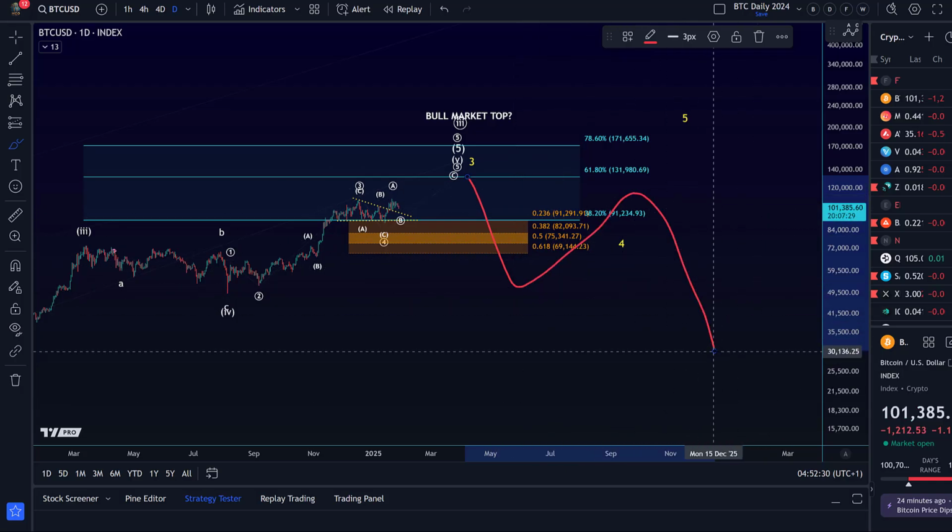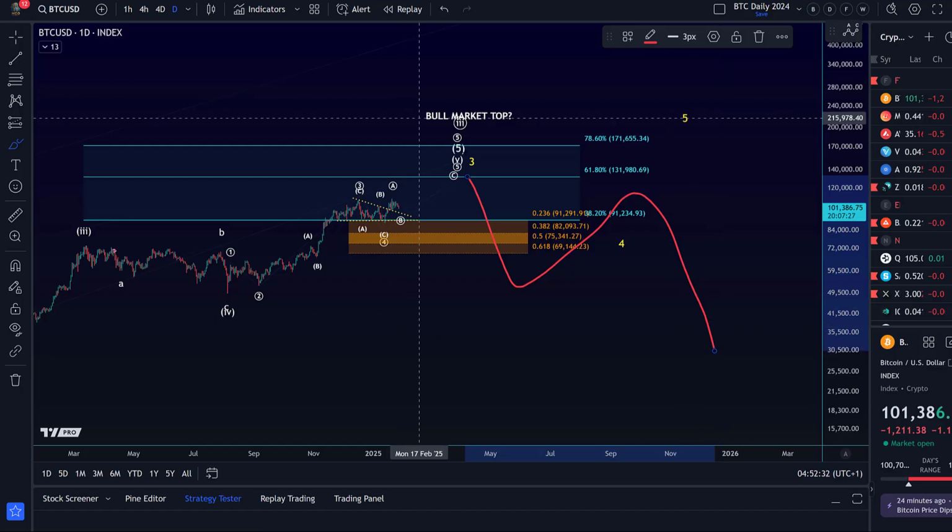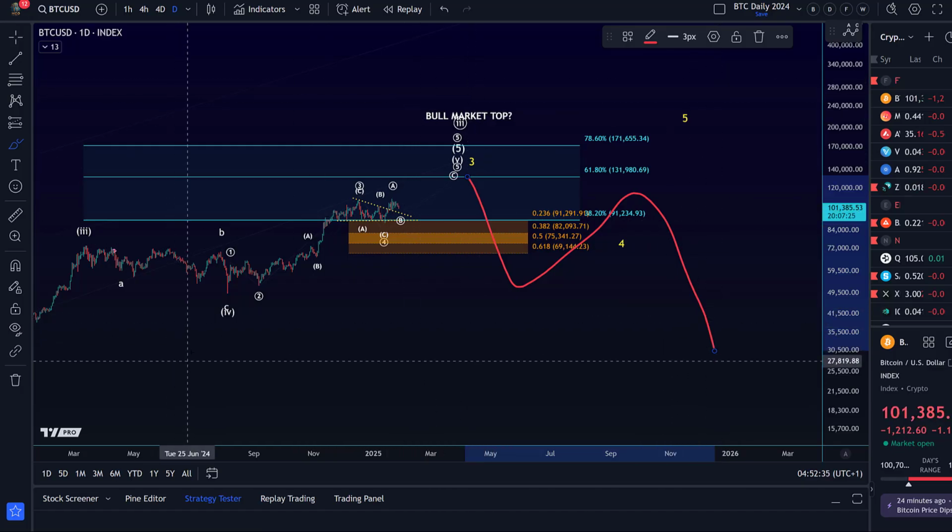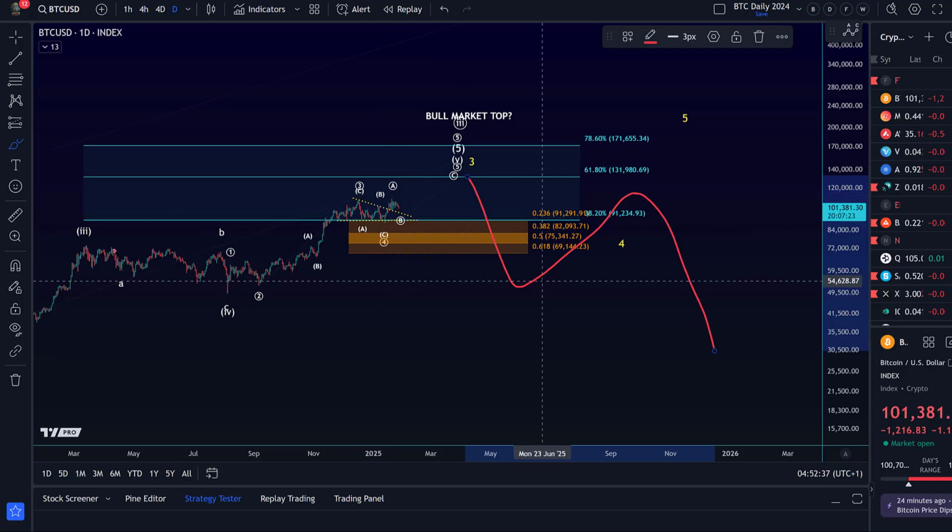And it might be a really, really substantial correction, because the entire move up between November 2022 and now needs to be corrected. And cryptocurrency corrections are typically quite substantial. So on the macro level, the risk is very high.